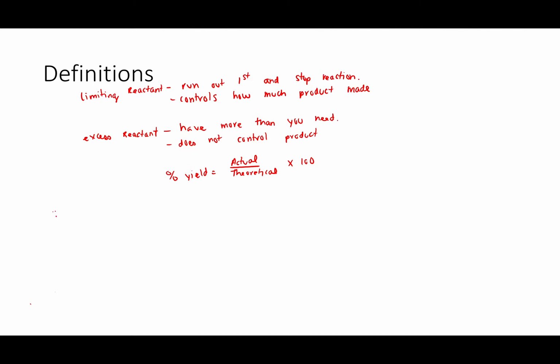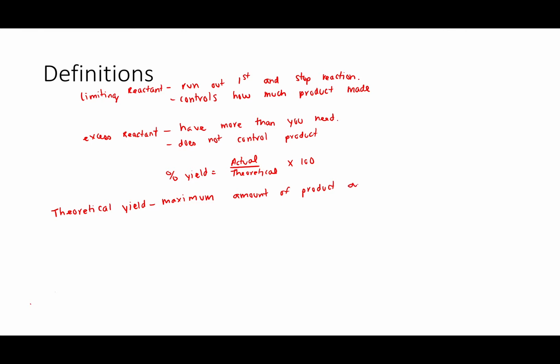So first off, your theoretical yield is how much product would be produced in a perfect world with no error. It comes from the math with your stoichiometry problem from your balanced equation. So the theoretical yield is the maximum amount of product, but the catch is it comes from your limiting reactant.